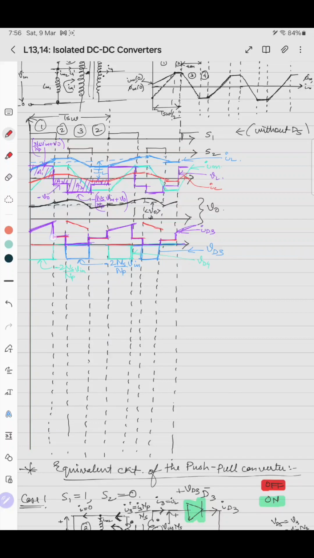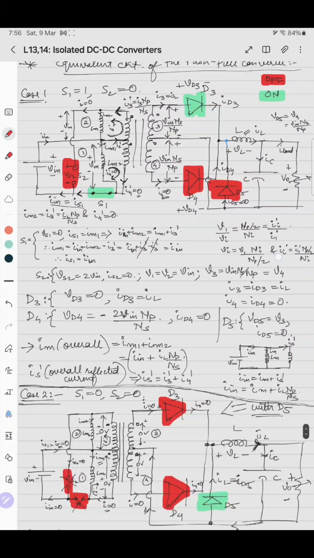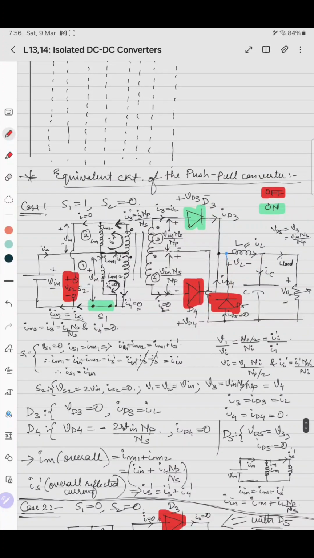So it is like this pattern. This waveform belongs to ID4. We have drawn all the waveforms of the diodes also.